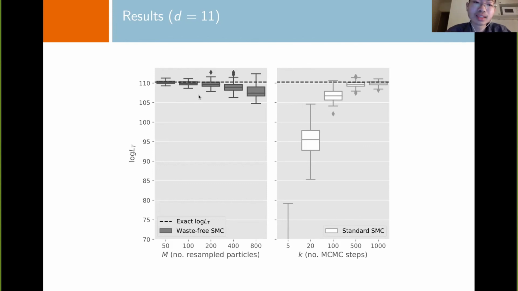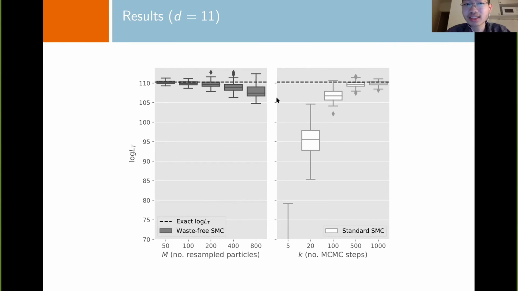Okay, so here you can see that waste-free SMC becomes a little bit less reliable if you take M too big, but compared to the standard SMC, you can still see that the results given by waste-free SMC are much more correct. So we are working in dimension d equal to 11.